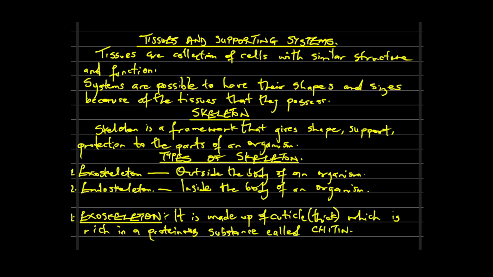So this exoskeleton, rich in chitin, is found in the corticals that make up the exoskeleton of arthropods. The chitin has hardened mineral salts, like the phosphate and the carbonates of calcium.